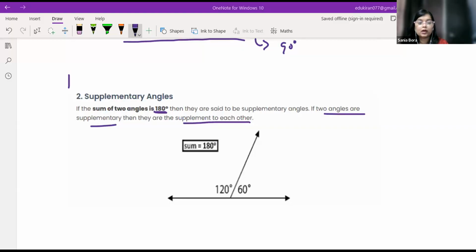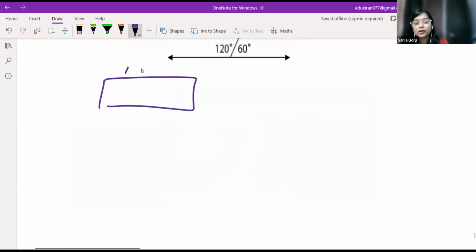Okay, now moving to the next one. There is a third type called adjacent angle. Just understand it this way: for example, in a class there's a bench and two students are sitting there.